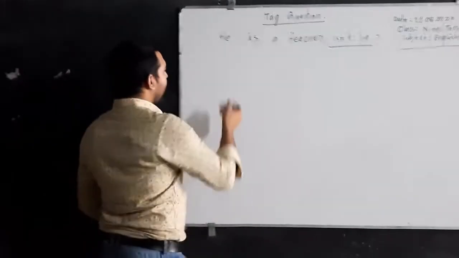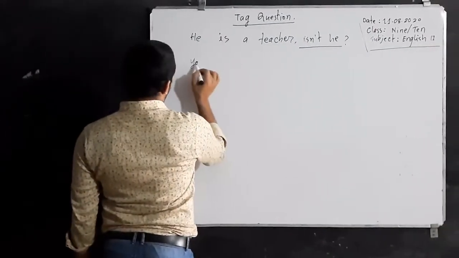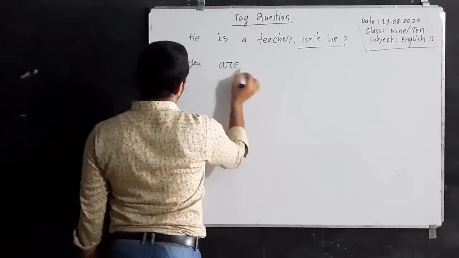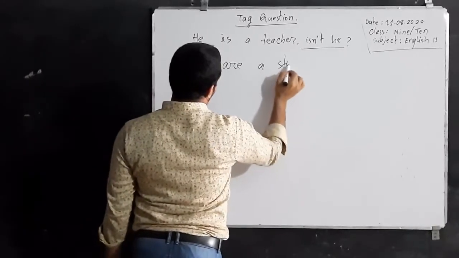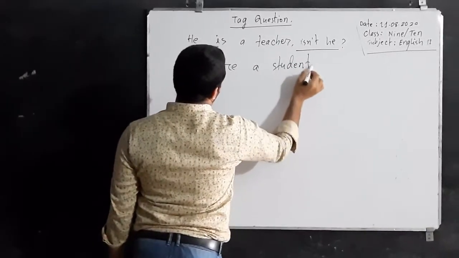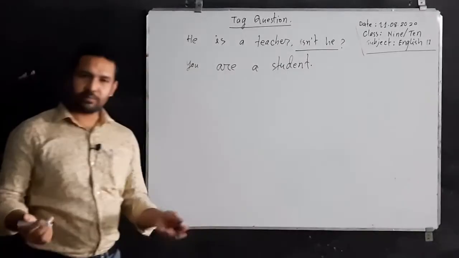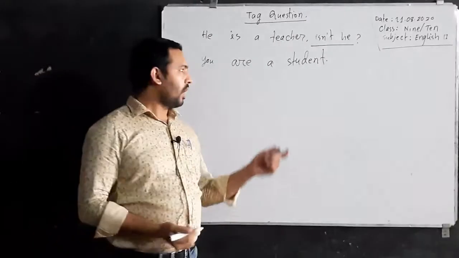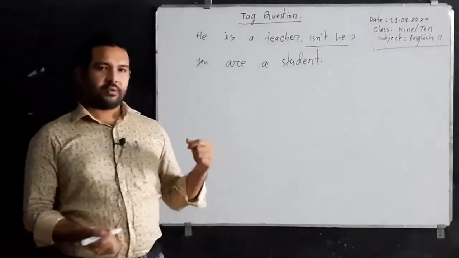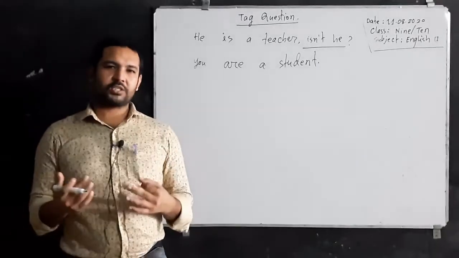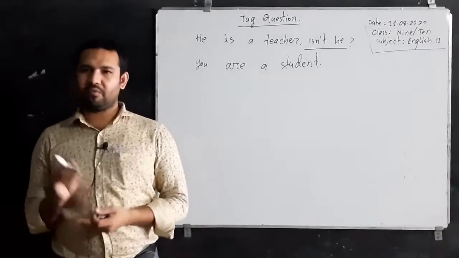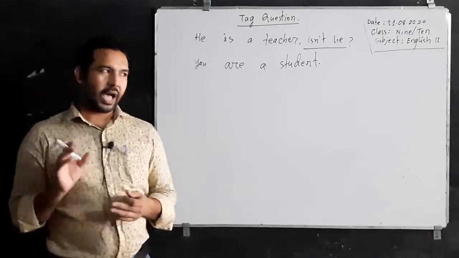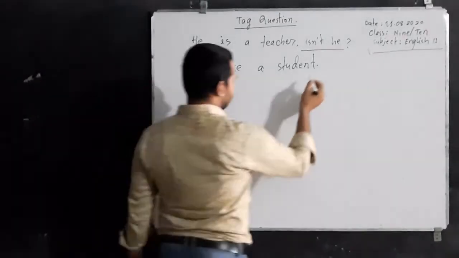Let's see another example. You are a student. It is an assertive sentence and it is a statement. If I want to ask about this statement, if it is true or false, I can ask, aren't you?